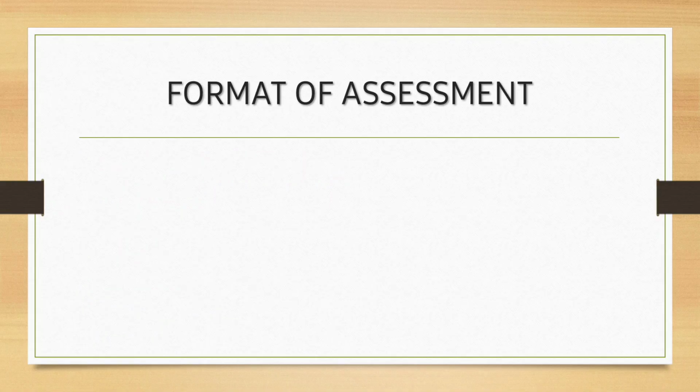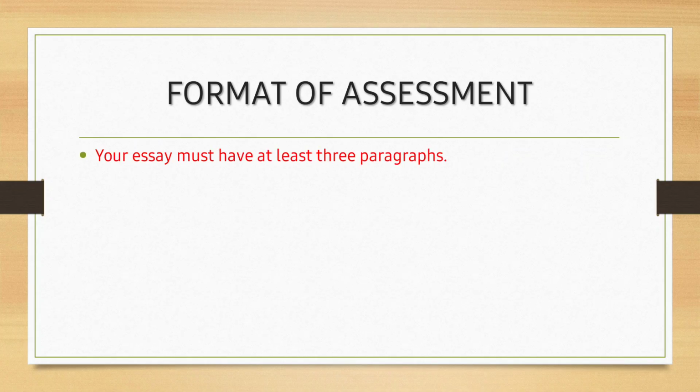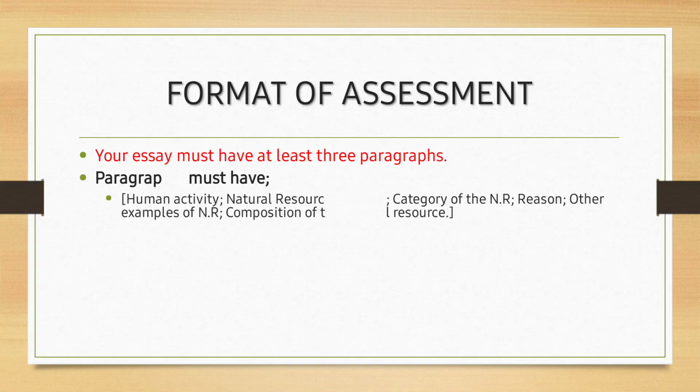Additionally, I want to talk to us about the format of assessment within some of these items. Firstly, your essay must have at least 3 paragraphs. What is captured in the first paragraph?